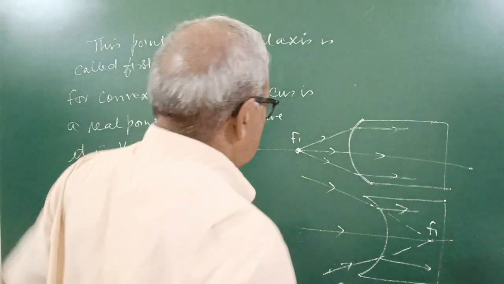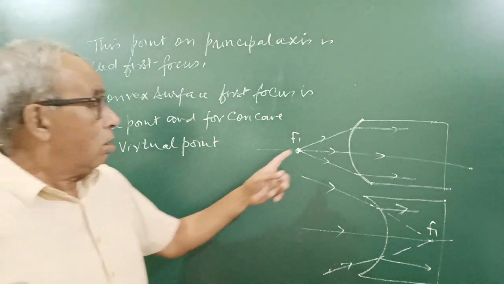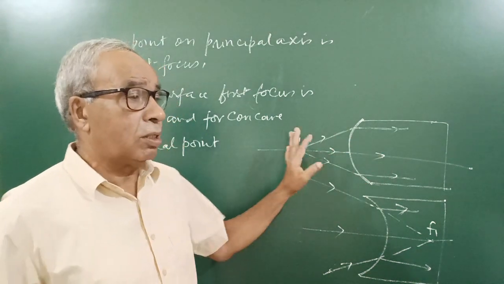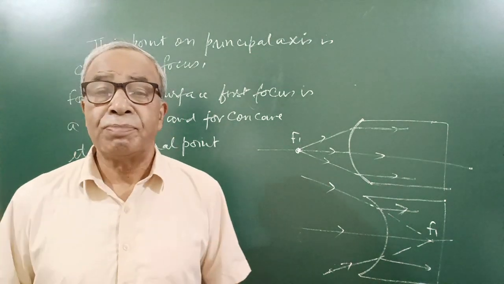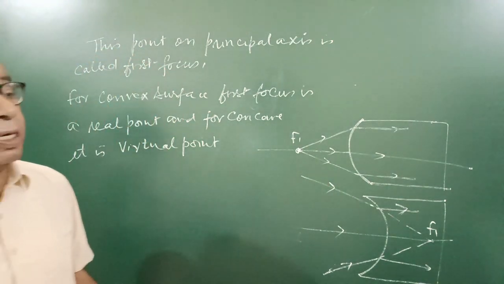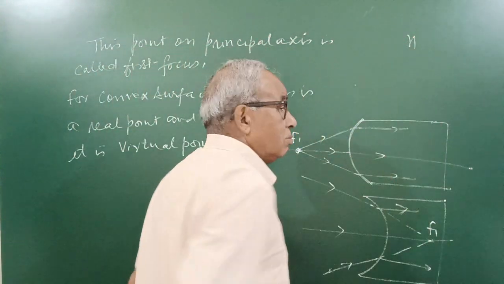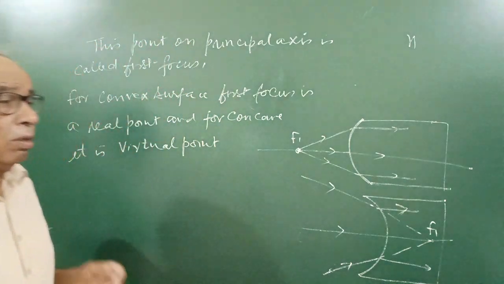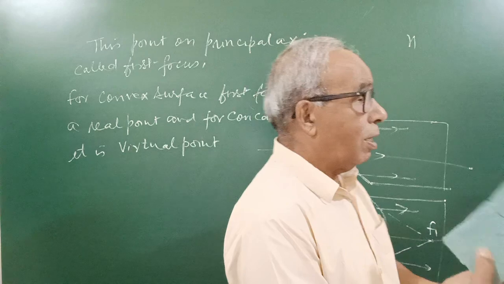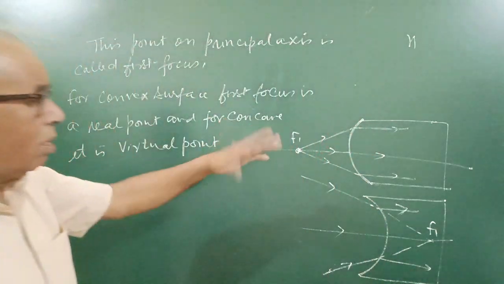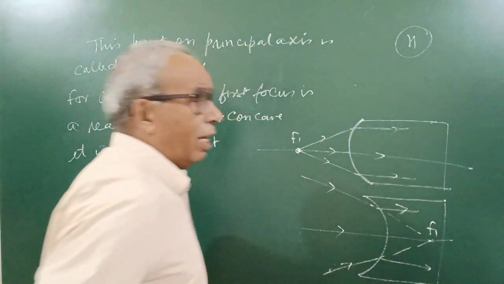In general, the first focus of convex or concave surfaces will be different for different colors, because I told you the refractive index n varies from one color to another. It is maximum for violet and least for red.